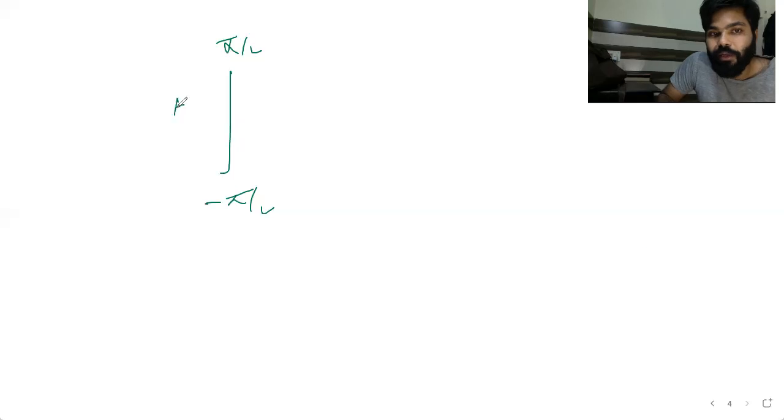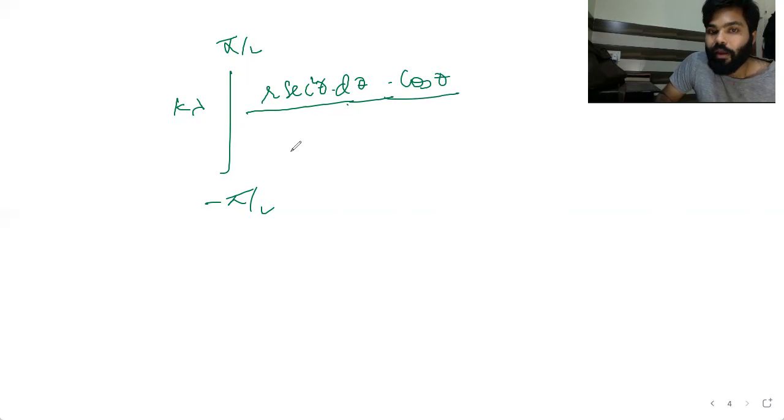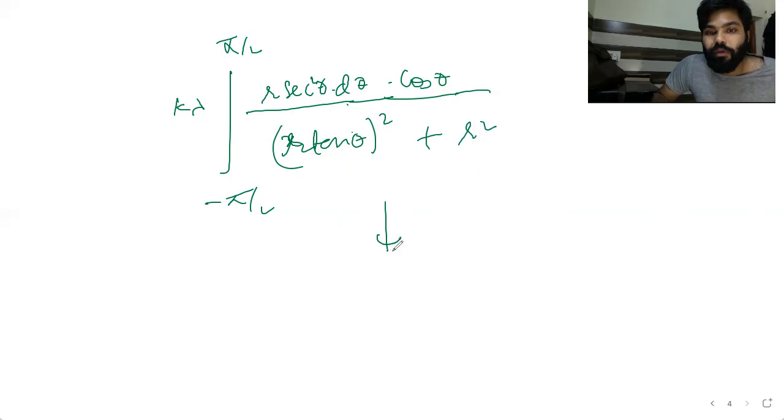I will put k lambda outside the integration because both are constants, and I will write dx as r sec square theta into d theta, and cos theta was there, and I had x square in the denominator, and I will write x as r tan theta, and square was there, plus r square.